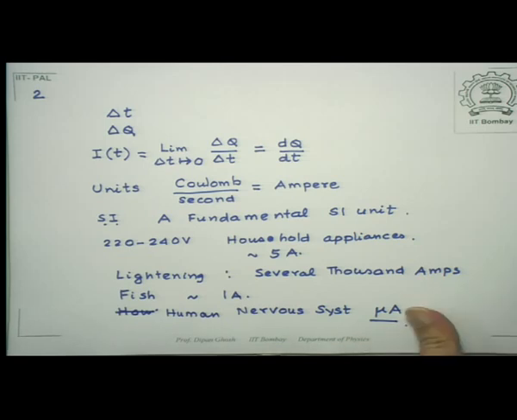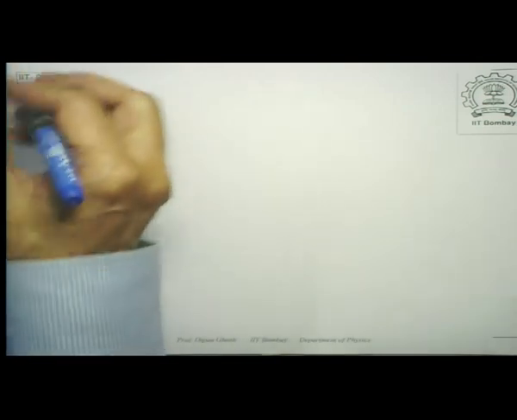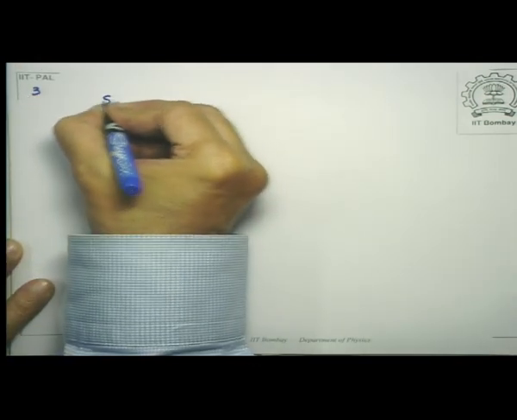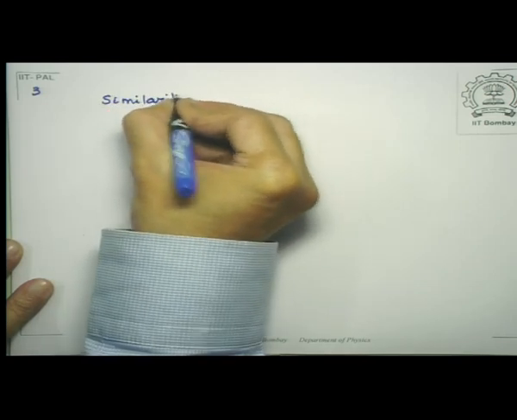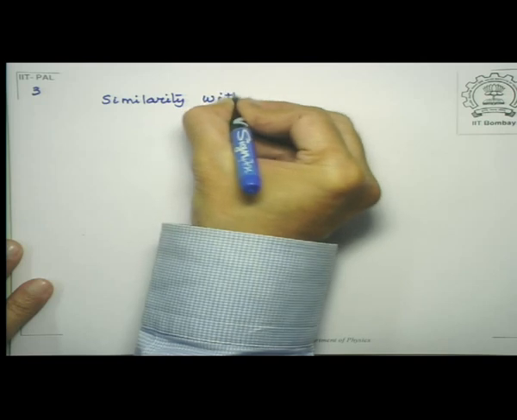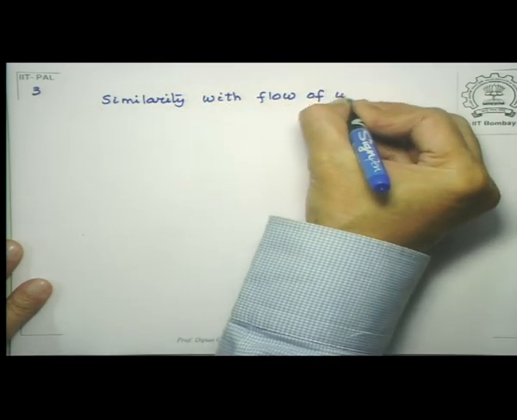So, now that we have talked about the definition of electric current, let me now try to tell you how exactly we look at the flow of currents. Though it is not an exact similarity, there is a lot of similarity with water flow. Flow of water, for instance, through a pipe.